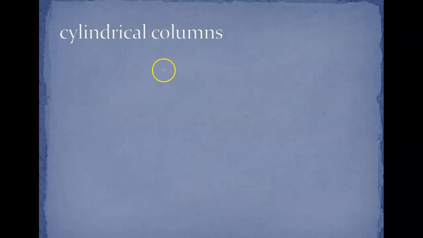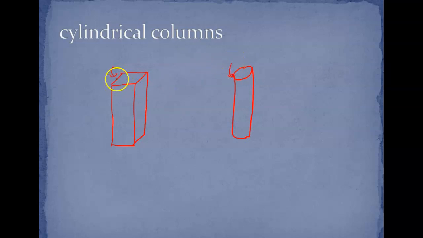Now, cylindrical columns are actually much better than rectangular ones. Rectangular ones are going to be cheaper, typically speaking, but a cylindrical column, if we think about torsion forces acting upon this, torsion forces are going to act a lot stronger on a rectangular column rather than a cylindrical column.